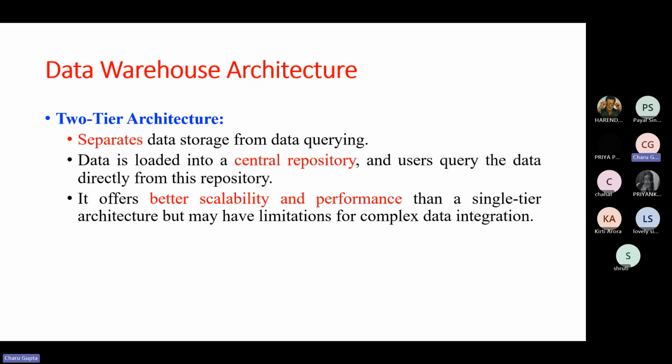The second is the two-tier, wherein data storage and data querying are separated. There is one server for data storage, and then there is another server used for data query. It is better for scalability and complexity.